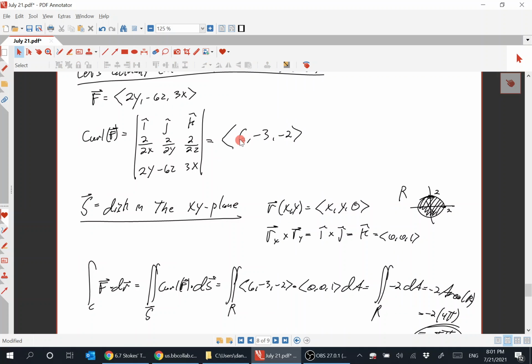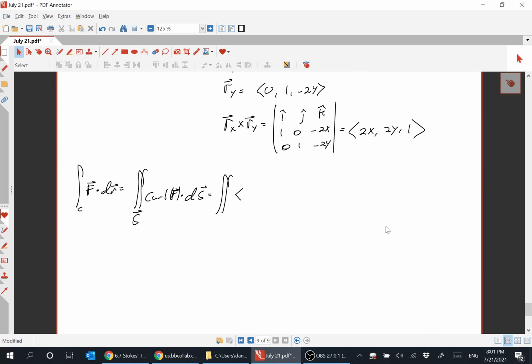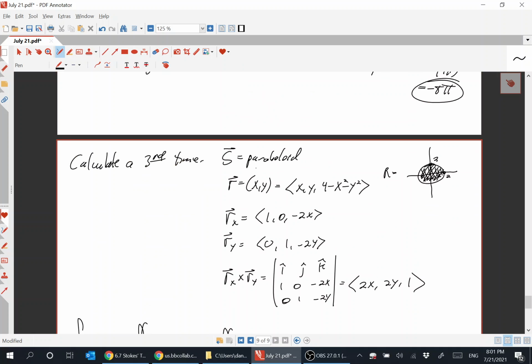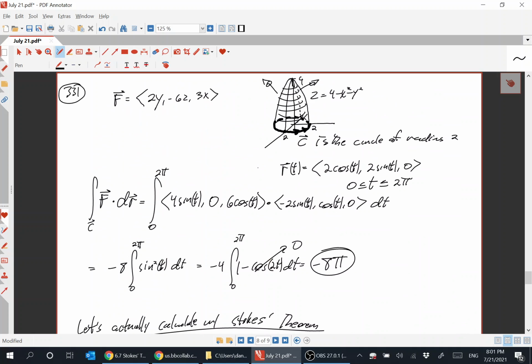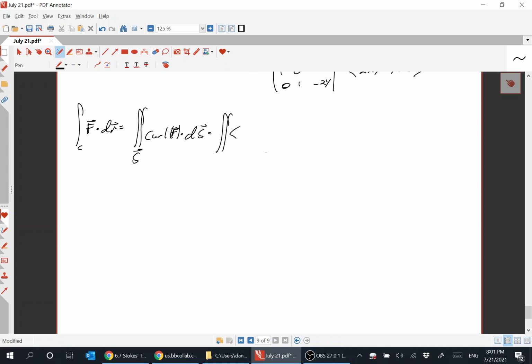In which case x is x, y is y, and z is f(x,y), which is 0 in this case. But none of that comes into the question here because the curl is just a constant: 6, -3, -2.